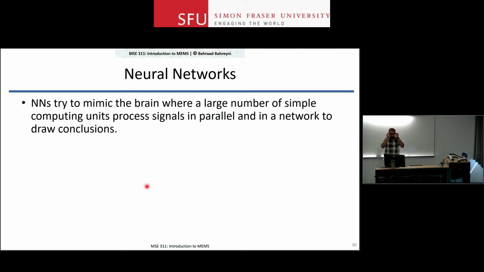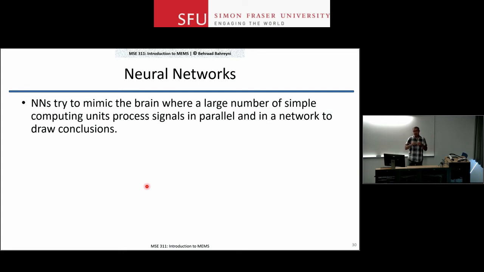And if you look closely, you'll see that each, let's say, cell in your nervous system is receiving input from different sources. Computations are super simple in each cell, and they send out signals to following cells.